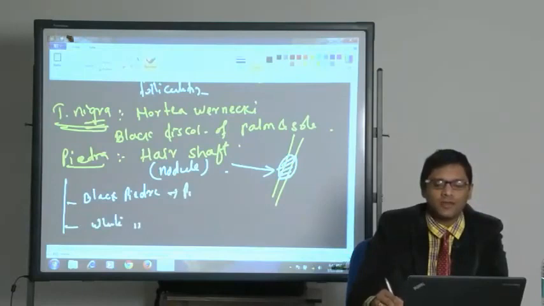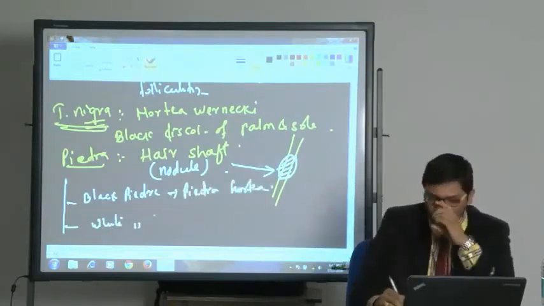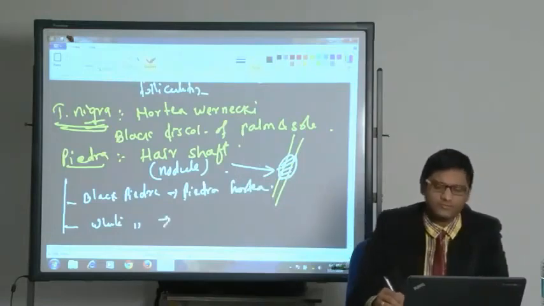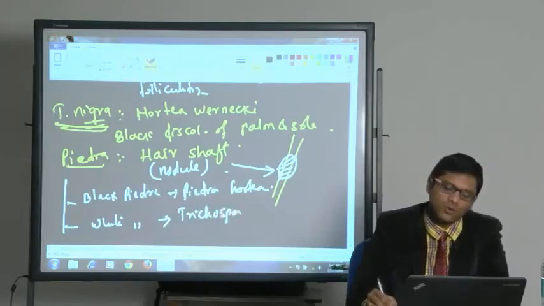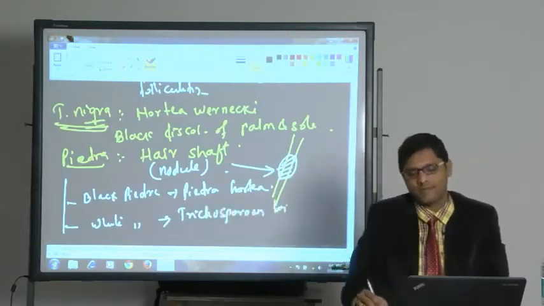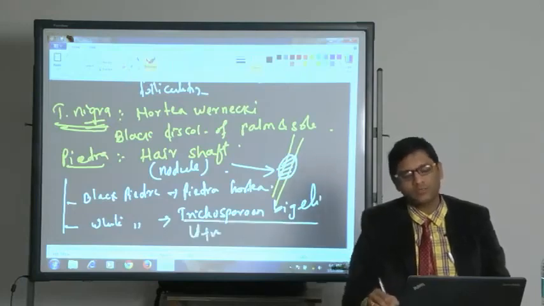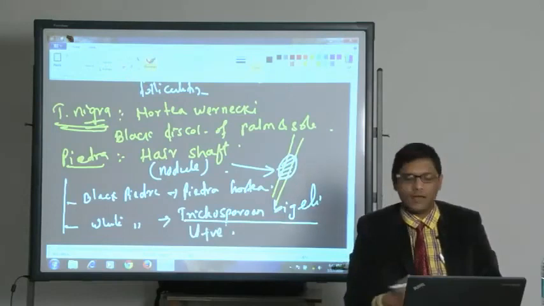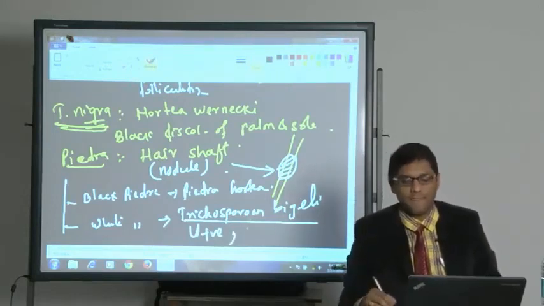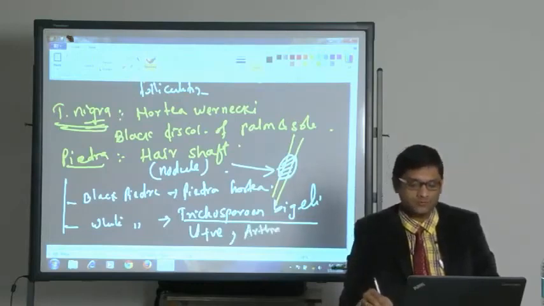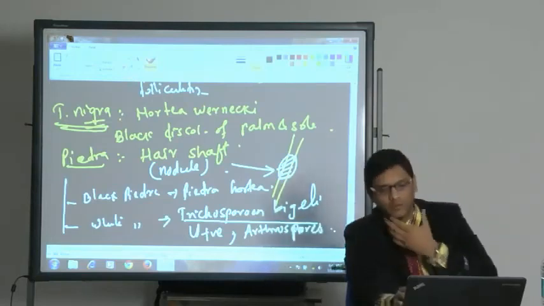Black Piedra is caused by Piedraia hortae, whereas white Piedra is caused by Trichosporon beigelii. It is a urease positive fungus. Apart from that, one more feature of Trichosporon beigelii is that arthrospores will be produced.